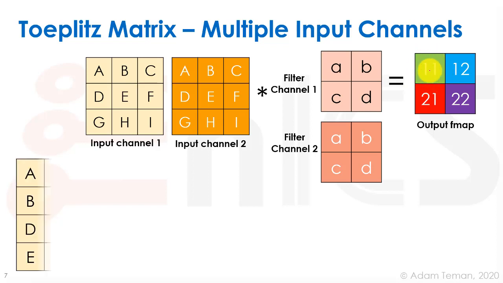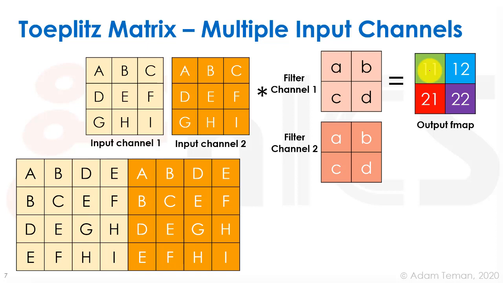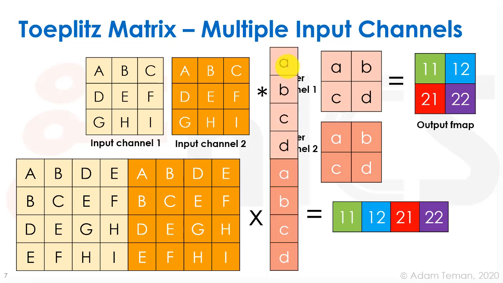It's pretty easy to do with the Toeplitz matrix. We just take the Toeplitz matrix of input channel 1 and that of input channel 2, put them side by side, and multiply by a column vector that's filter channel 1 on top of filter channel 2. That gives us this 8 by 8 dot product, giving us each one of these output values.